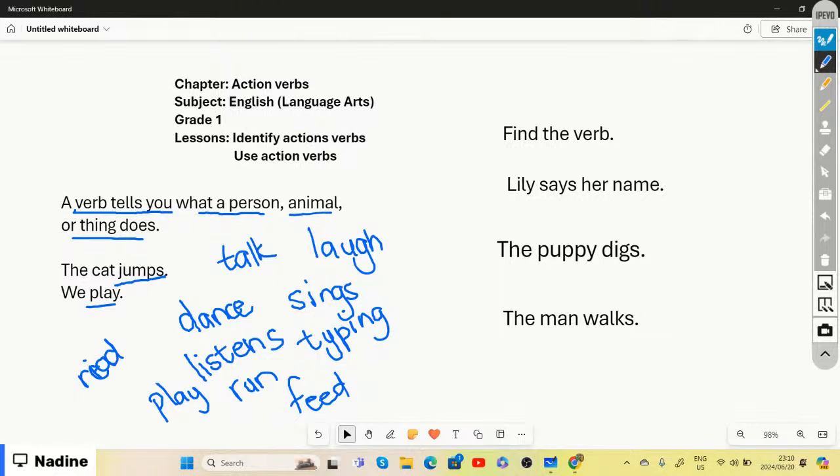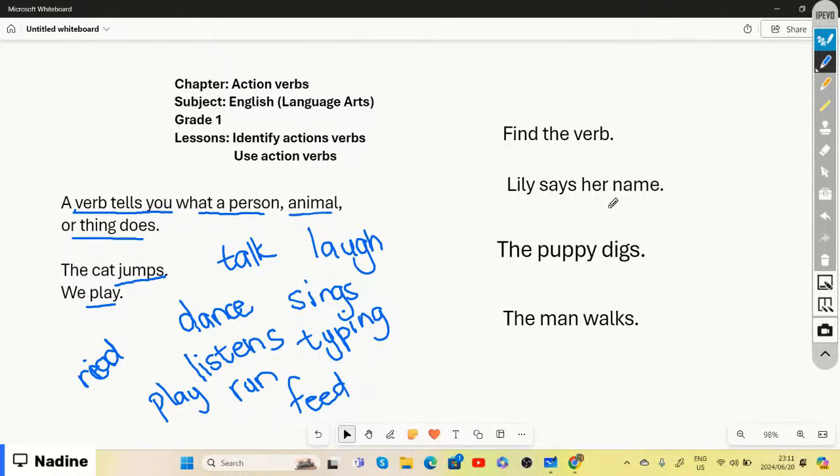All right. So now we're going to find the verb within the sentence, right? If it says Lily says her name, we need to identify or find the verb within that sentence. It says Lily says her name.